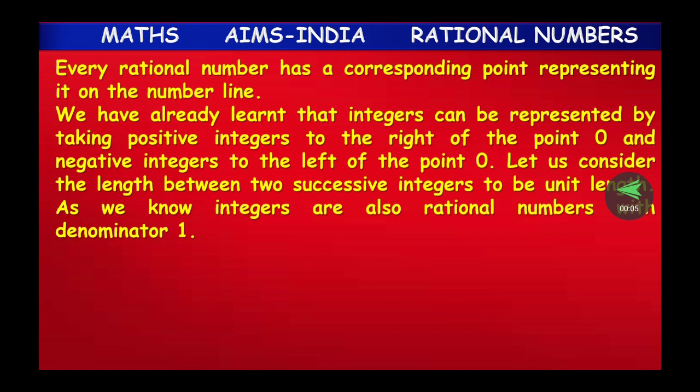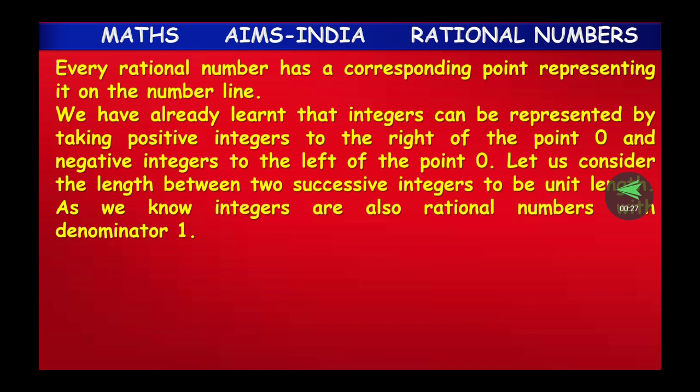Okay, children. Now let's learn about the number line concept. We have seen the comparison concept and absolute value. Next, how to represent these rational numbers on the number line. Already we know how to represent integers.